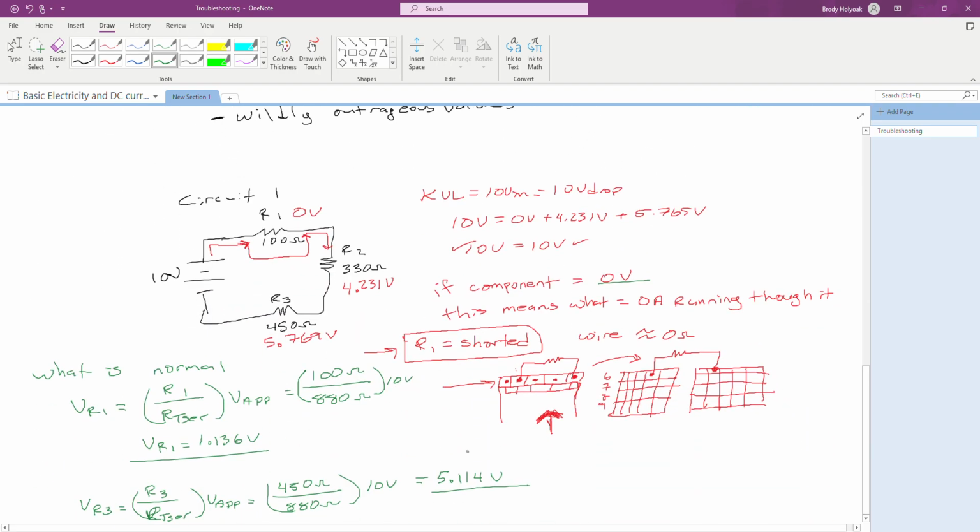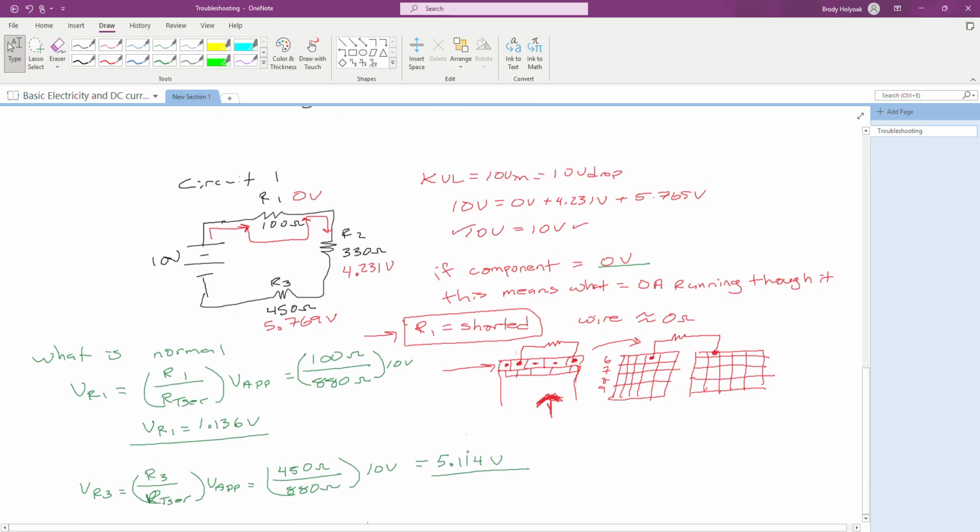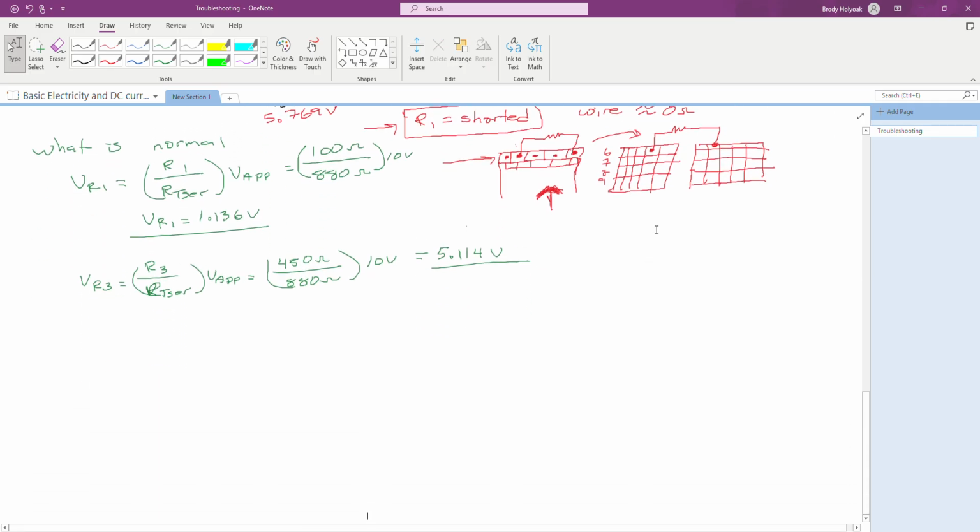But I also have the ability to just use Kirchhoff's law. So Kirchhoff's voltage law, as we remember, says that the voltage drop of R1 plus the voltage drop of R2 plus the voltage drop of R3 must equal VIN.